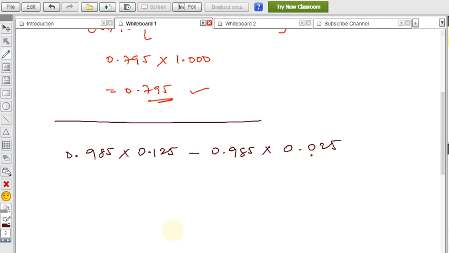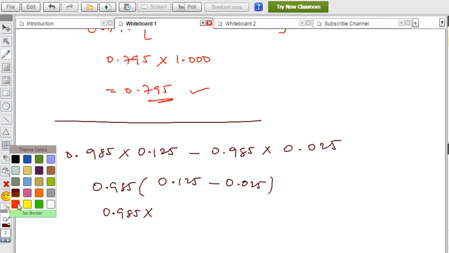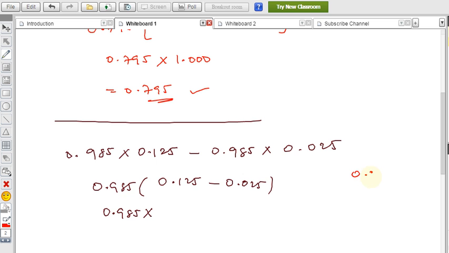According to the question, we need to take the next step. So 0.985 is the common term. So 0.985 into 0.125 minus 0.025. You can do the subtraction here. That is 0.125 minus 0.025, which is 0.100. So this is 0.1.